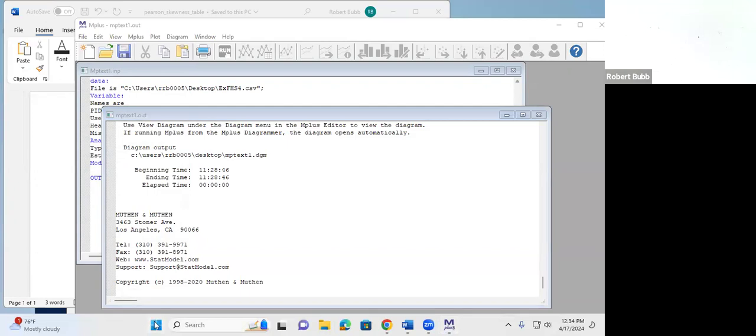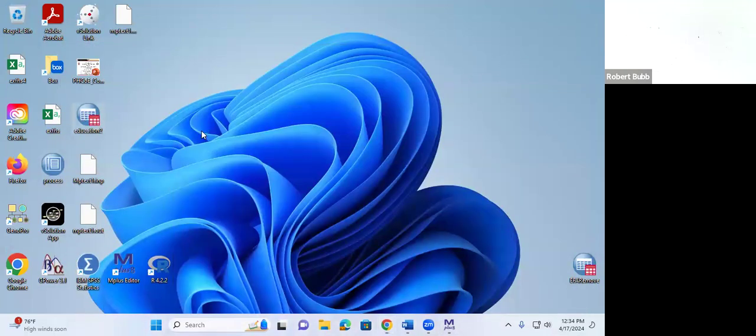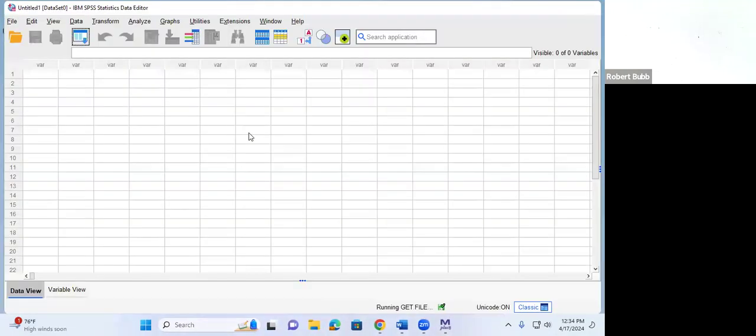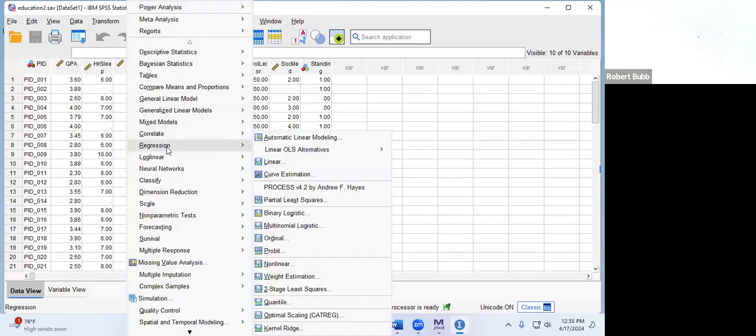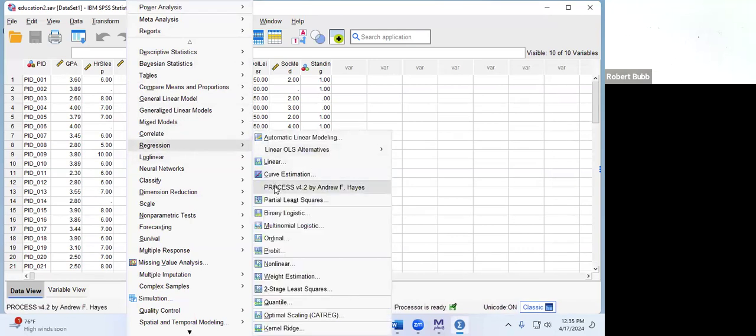Unless they re-imaged, in that case they have to add it again. It should be right underneath Regression, right underneath your Curve Estimation.